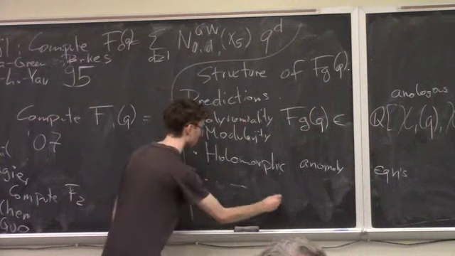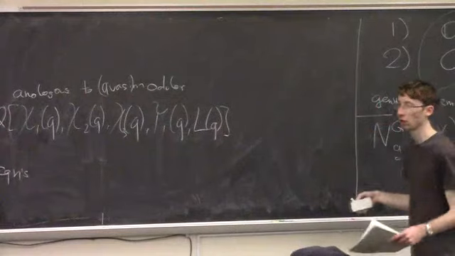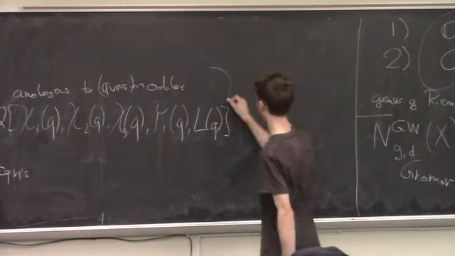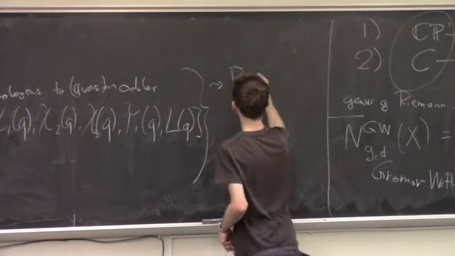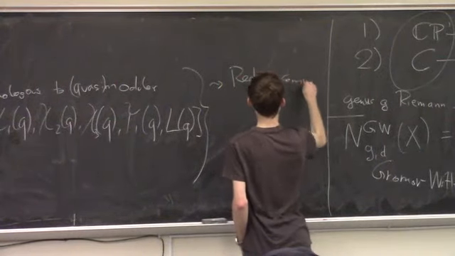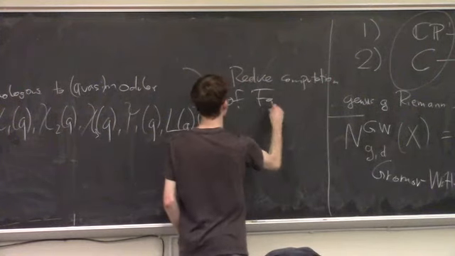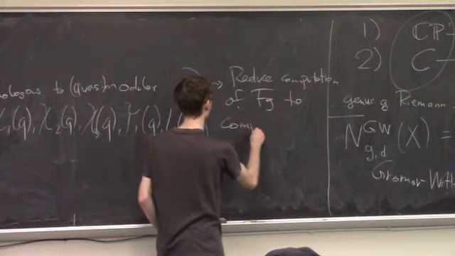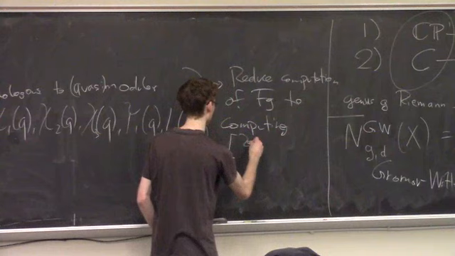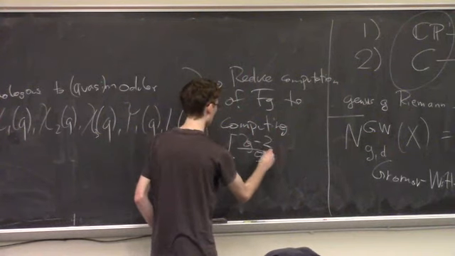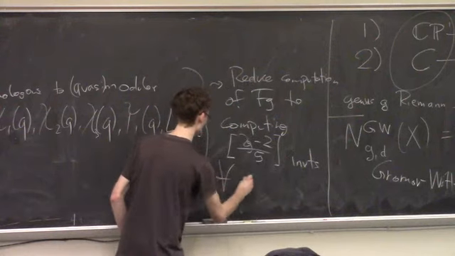And then there are some more. And all these predictions have been used very successfully in physics. What they do for you is they reduce the computation of Fg to computing finitely many invariants, and a small number of them, about 2 to the minus 2 over 5 invariants for every genus.